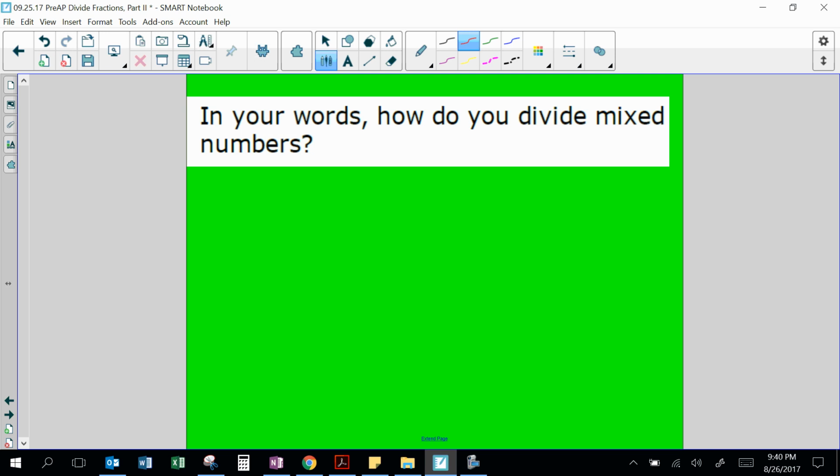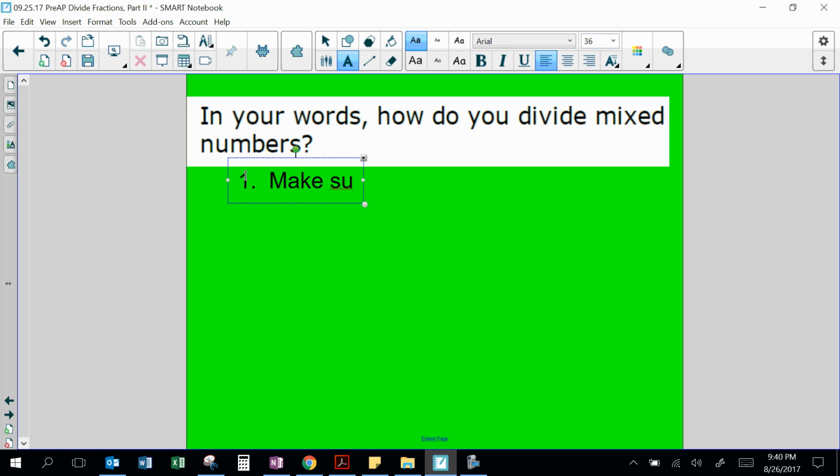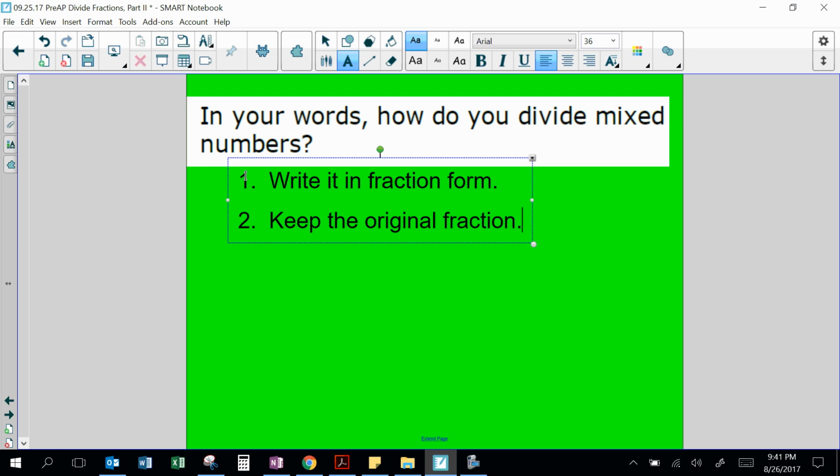In your own words, how do you divide mixed numbers? So the first thing you need to do is, number one, write it in fraction form. So if it's a mixed number or a whole number, you need to write it in fraction form. Number two, you keep the original fraction.